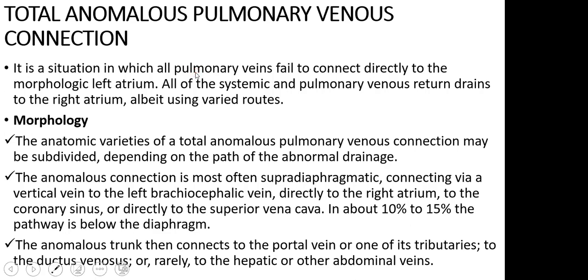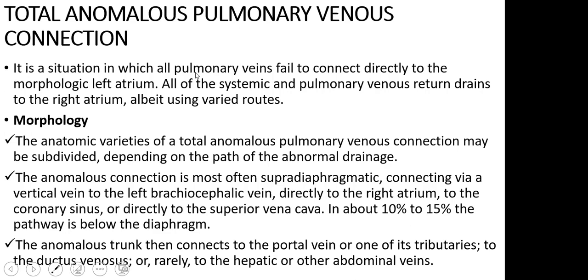So the morphology: we have anatomic varieties of TAPVC, which is subdivided into different types. Most of the time we have the supradiaphragmatic type, in which there's connection of the vertical vein to the left brachiocephalic vein, and we also have the left lateral vessel draining.